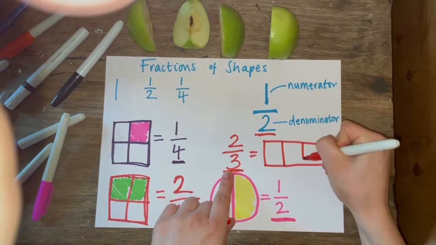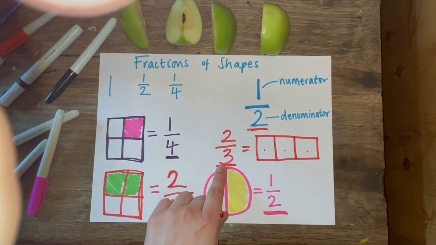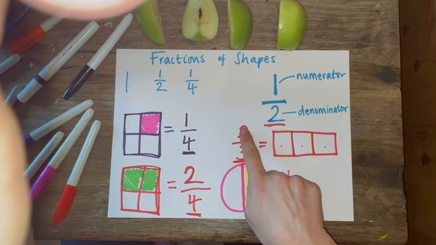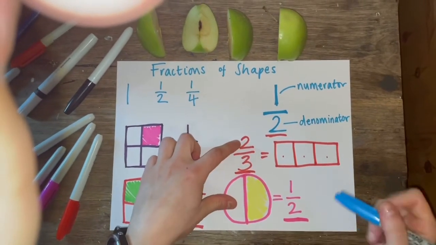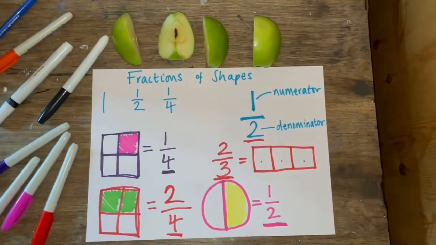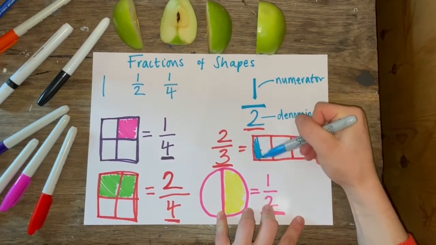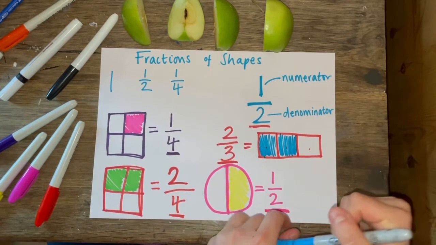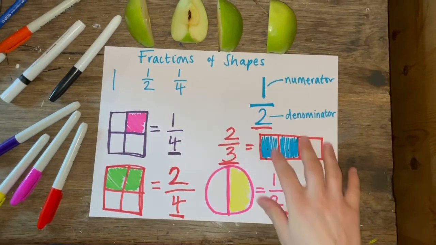So that's 3 slices, 1, 2, 3. But it's telling us that we want to colour in 2 slices of this 3 chocolate bar. So here we go. I've got 1 and 2. And that is how we colour in the fractions of shapes.